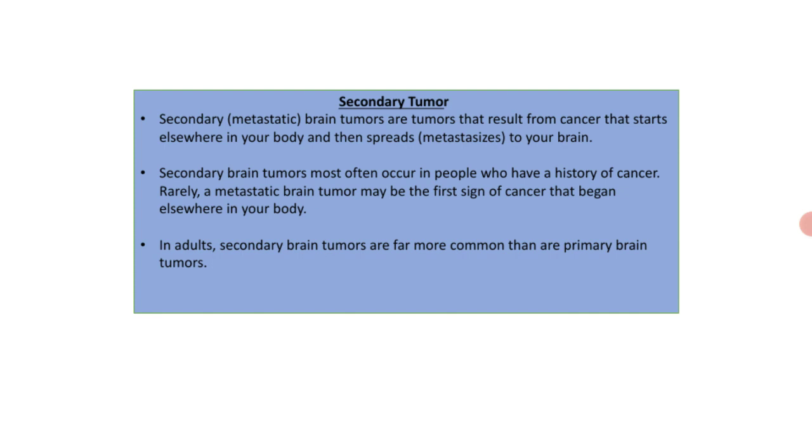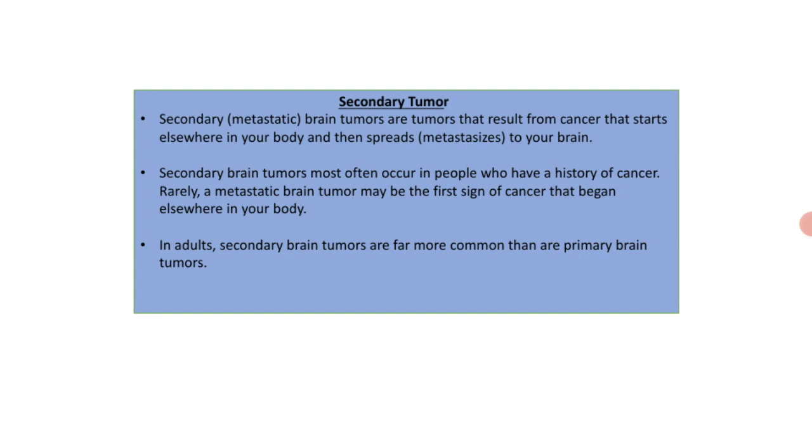And the secondary tumor or metastatic brain tumors result from the cancer that starts elsewhere in the body and spreads to the brain. Secondary brain tumors occur in people who have a history of cancer. Rarely, metastatic brain tumor may be the first sign of cancer that began elsewhere in your body.